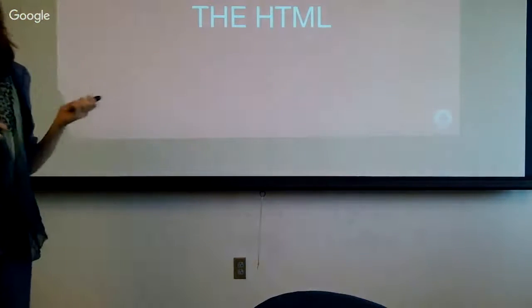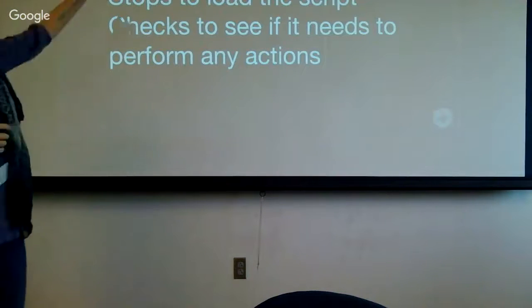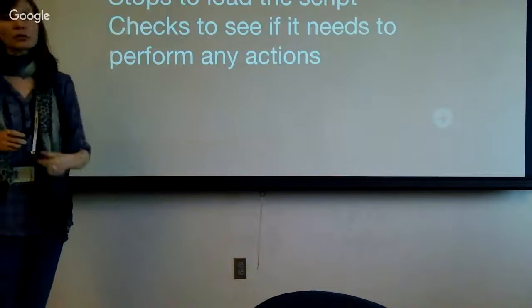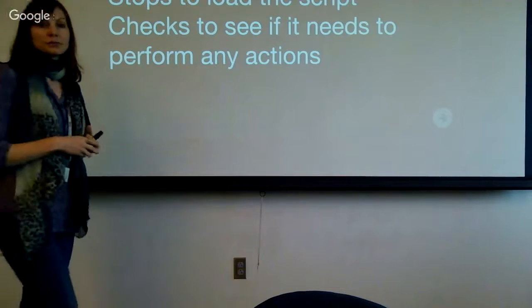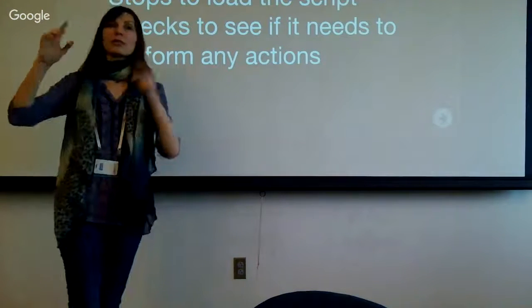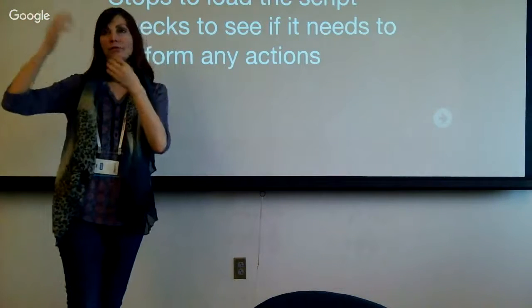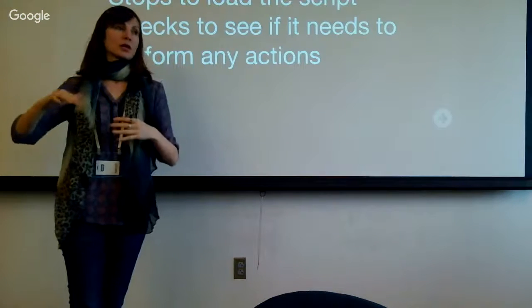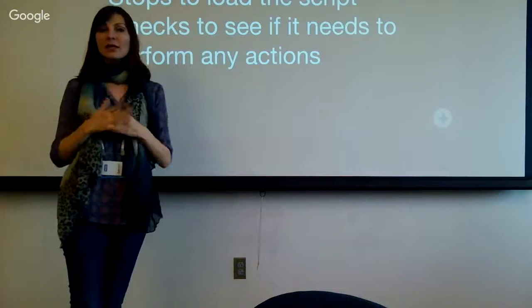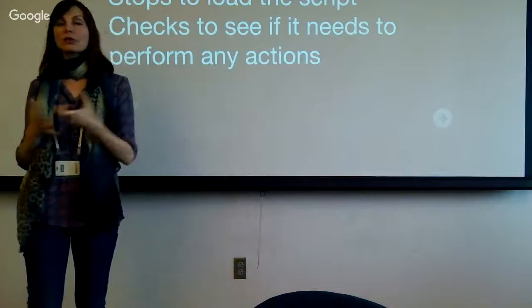JavaScript is going to run where it's found on the page. When it encounters a script tag, it's going to run the script. It actually loads the script. When I say it runs the script, that's the general term, but of course there are more steps that happen behind the scenes. It loads the script, sees if it needs to perform any actions, and sees if there are any functions that it needs to load, and then it displays. Unless you do something to change that, the lines are displayed on the page sequentially.